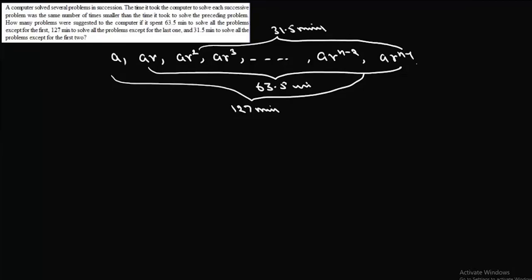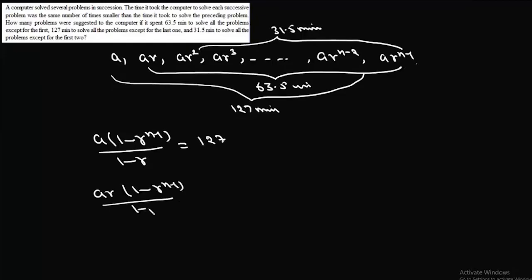Now if we write this sum from a to ar to the power n minus 2, this sum will be a(1 minus r to the power n minus 1) upon 1 minus r. It is 127, and this sum from ar to ar to the power n minus 1, there will be ar(1 minus r to the power n minus 1) upon 1 minus r, and it will be 63.5.